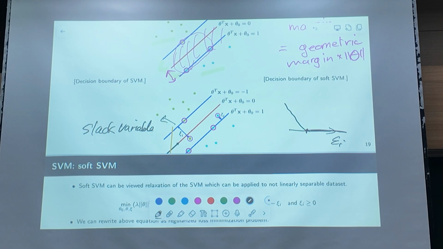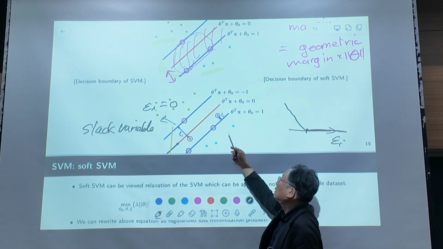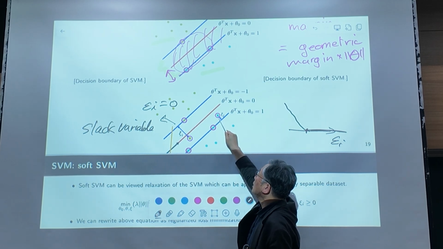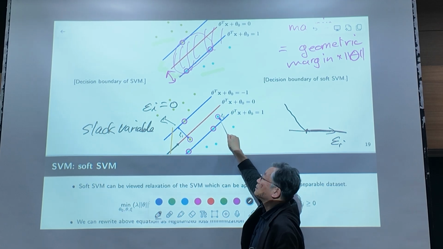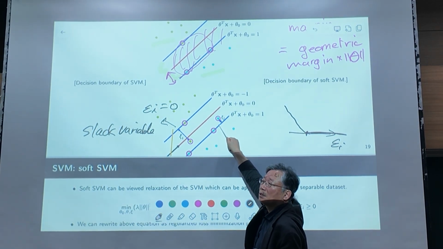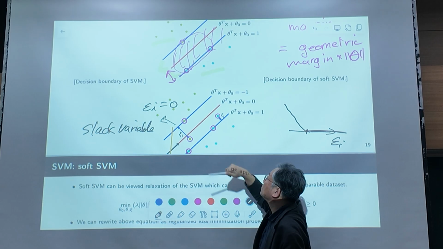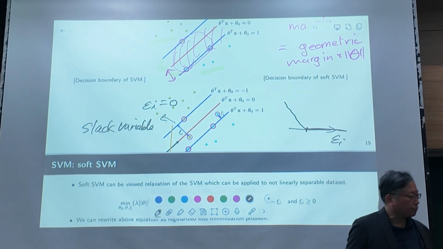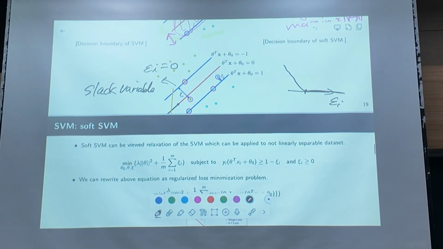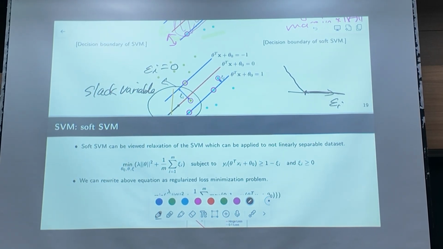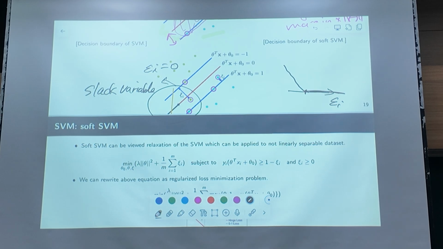Right here, all psi i's are 0. Okay. And on the other side, it's the same thing. This one is violating by this distance. Okay. I think I need to update my slide because I'm sort of cut off. And you can see that.